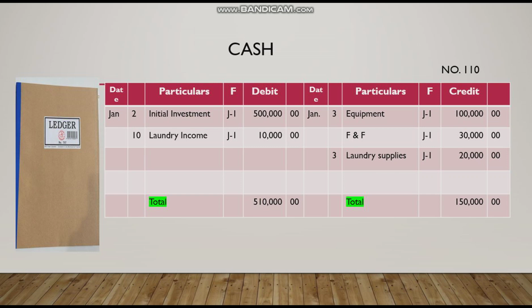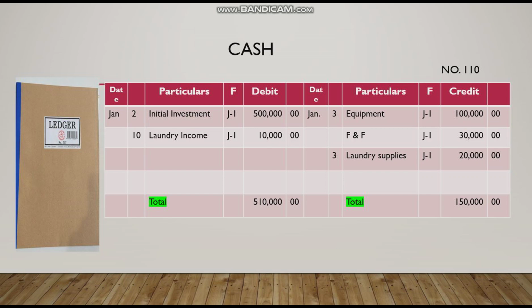So the January 2 debit was posted, the January 10 debit was posted, and the January 3 credit transactions were all posted. And as of the latest, January 10, 2020, you have a total debit in the amount of 510,000 pesos and a total credit of 150,000 pesos. What does this mean?